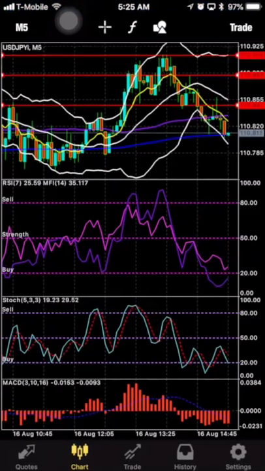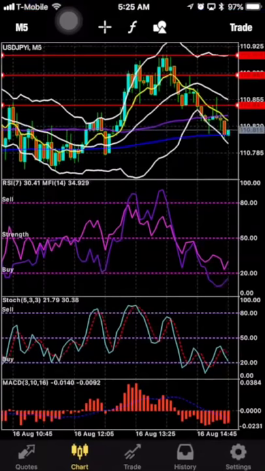So as you can see on the 5-minute chart, where the 8 exponential moving average and the 50 purple moving average just crossed, I entered the trade right on the third candle.